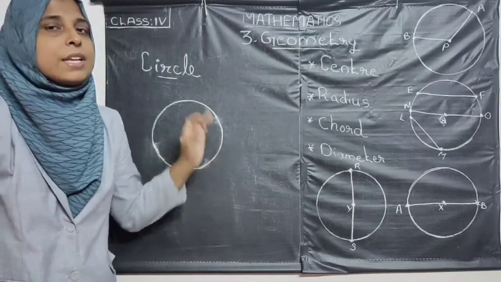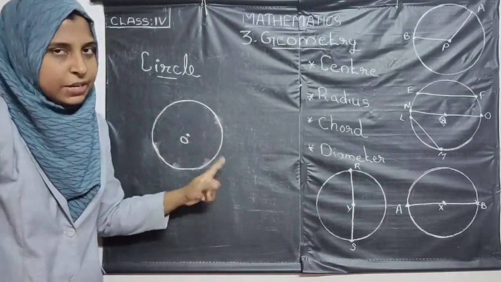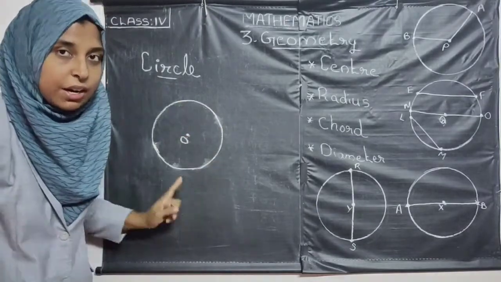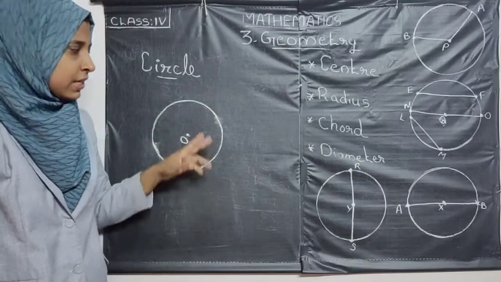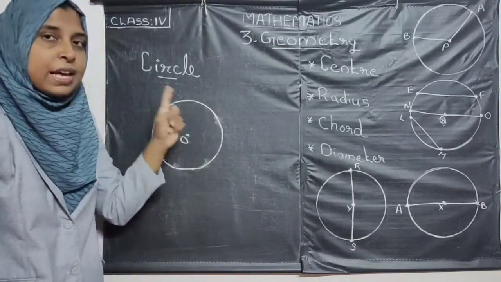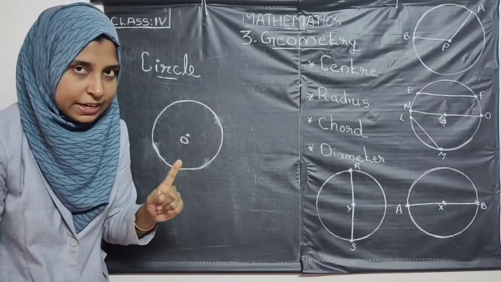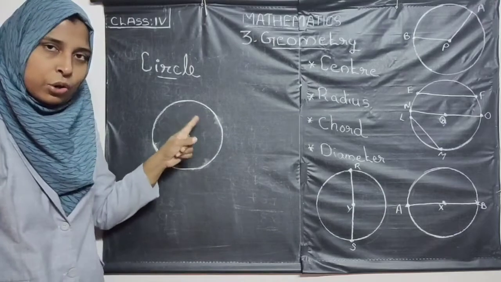No, a circle has no vertex. It has only one curved edge, and it is closed. It is not straight, it is curved.